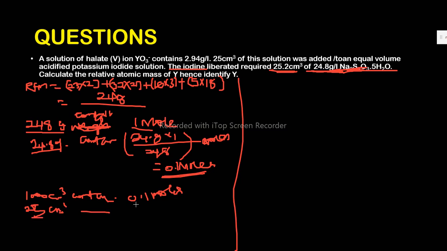This times this out of this, so it will be 25.2 times 0.1 divided by 1,000. So what's the answer?